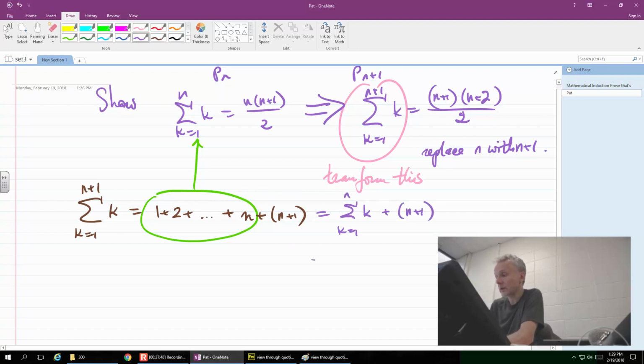And now these are the magic words that we always use: by inductive assumption. I want to emphasize that this is an assumption. Okay, so we are assuming something that has not been proven yet.